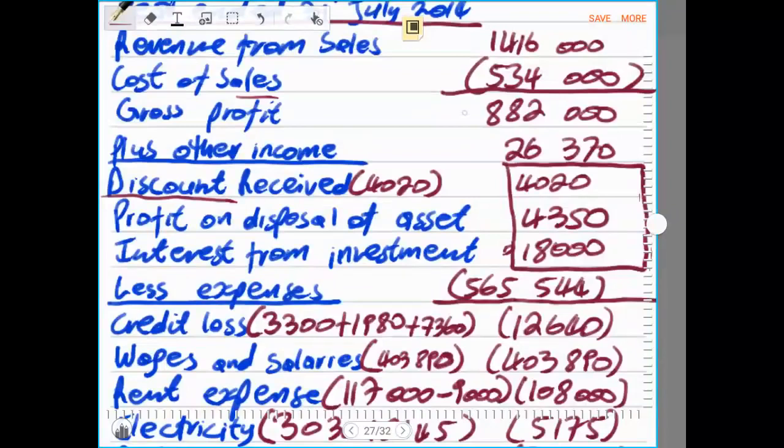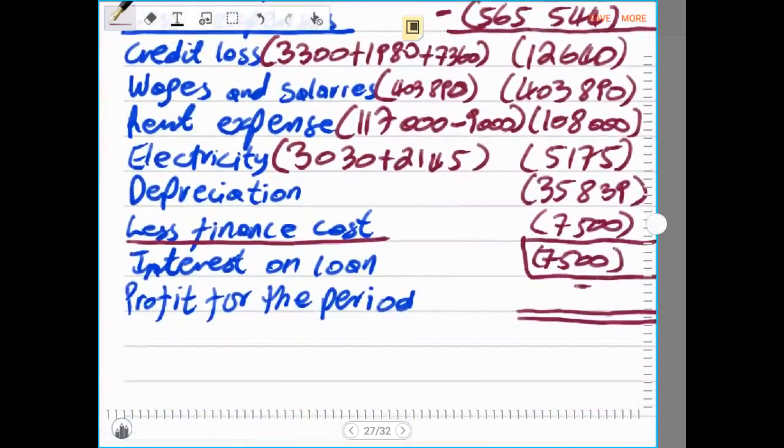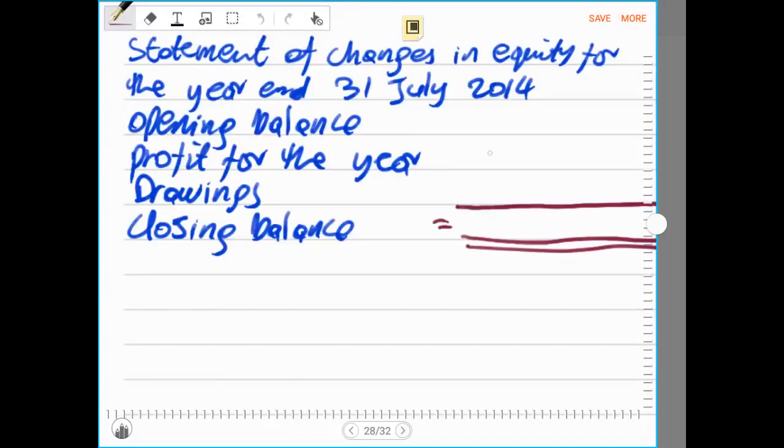Now we have to say gross profit plus other incomes minus expenses. That will give us profit for the period, and the profit for the period will give you an amount of 335,326. 335,326 will be in the equity statement, straight as it is.